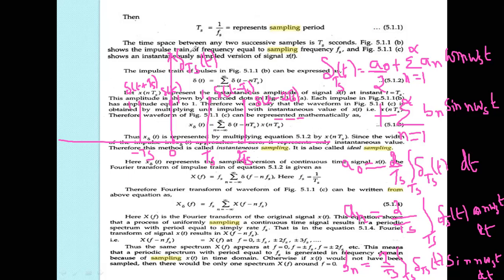In this, delta Ts of t is only the sum of all the terms. When n is equal to 1, delta of t minus Ts. When n is equal to 0, delta of t. When n is equal to 2, delta of t minus 2Ts. When n is equal to minus 1, delta of t plus Ts.